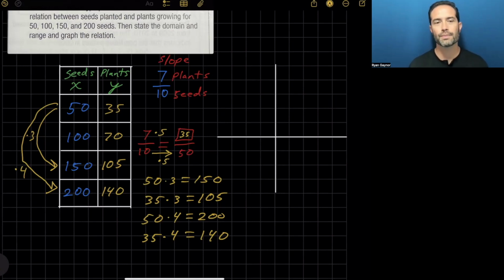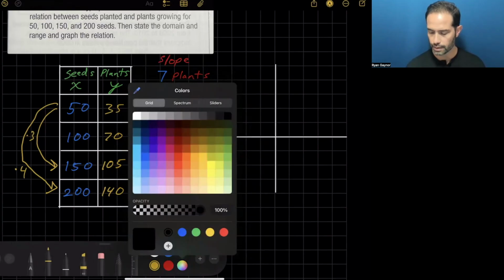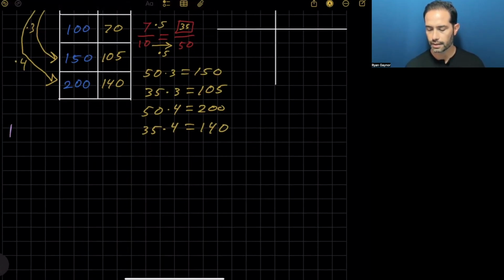Now they want me to state the domain and range, so let's do that really quick. Let's go with a different color here. All right, domain. Now, if you watched one of my previous videos on this, we talked about how domain is all possible x values.